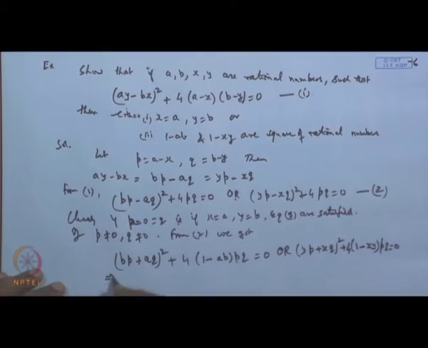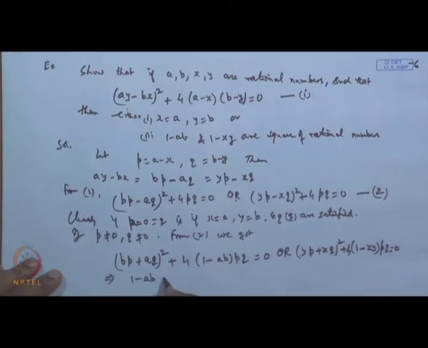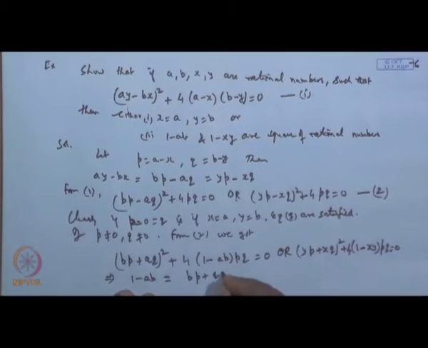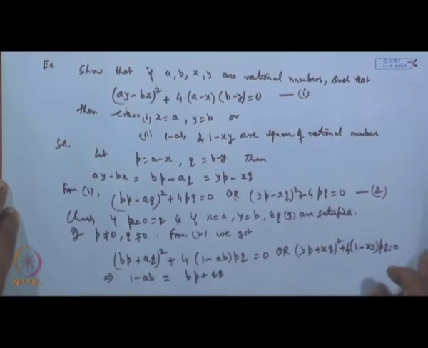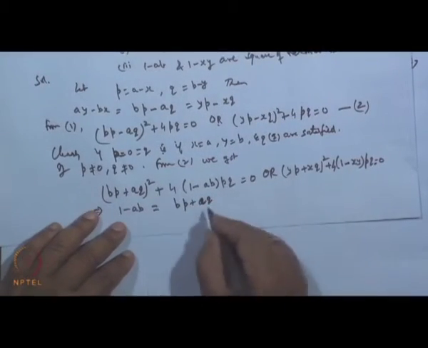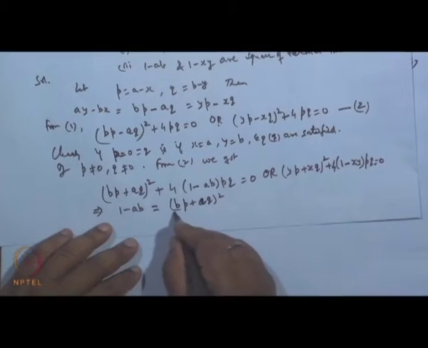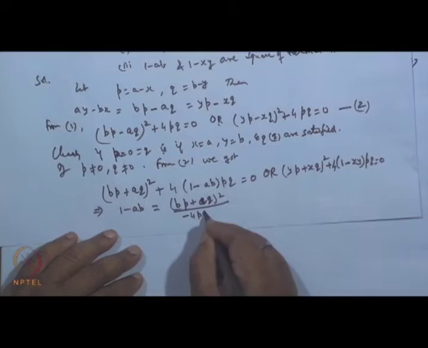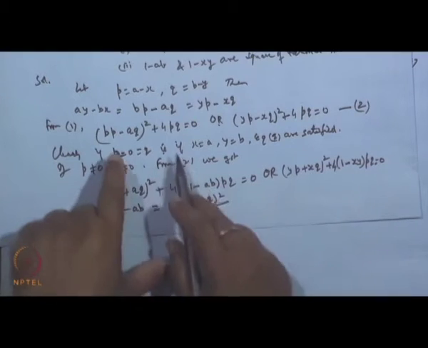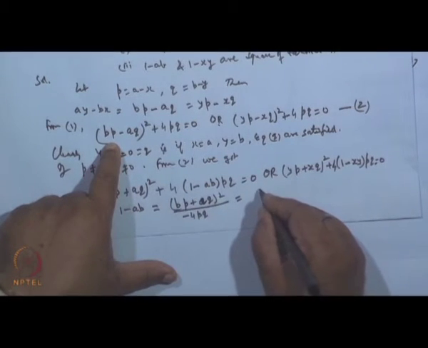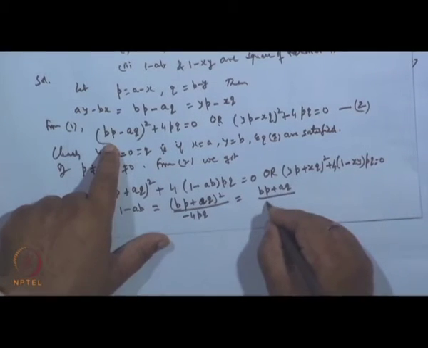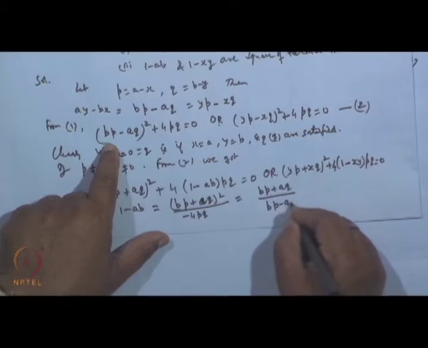So, from here we get 1 minus ab is equal to (bp + aq)^2 divided by minus 4pq. But minus 4pq is equivalent to (bp + aq) divided by minus 4p, which we can write as (bp - aq)^2.